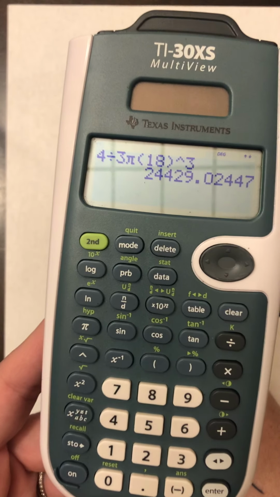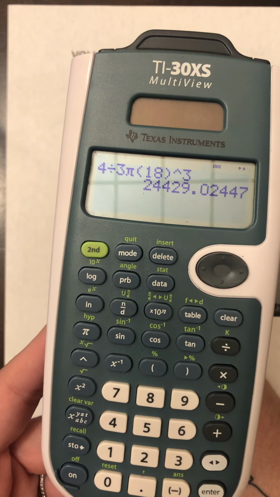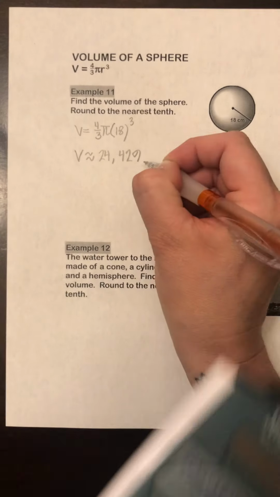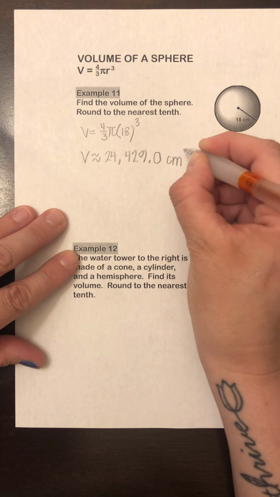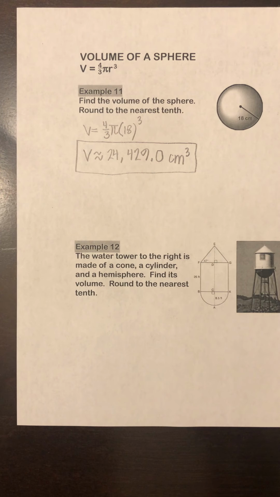And this is a huge number. So we're going to get 24,429.0 centimeters cubed. Ta-da! Super easy. About to run out of lead.